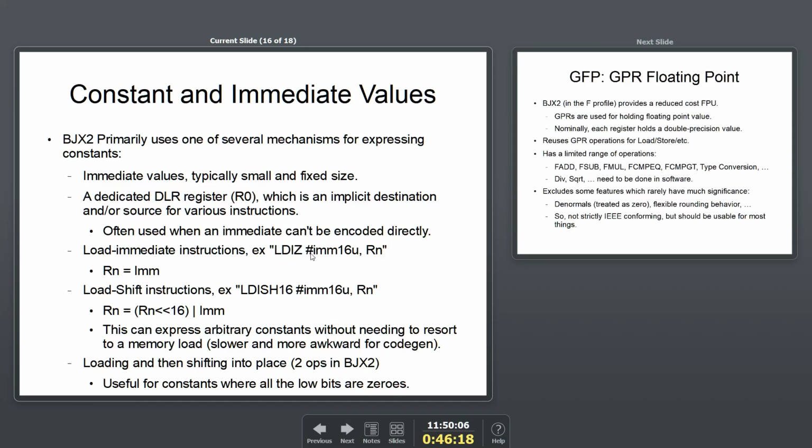So there's a 0 extended version and a 1 extended version. So this effectively means you can load 17-bit values directly into a register via 32-bit forms.